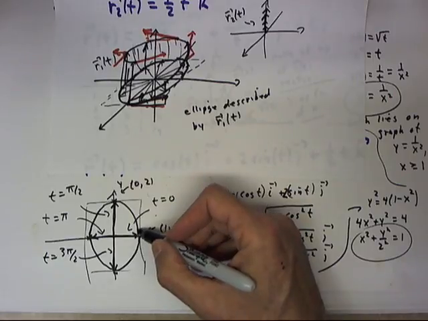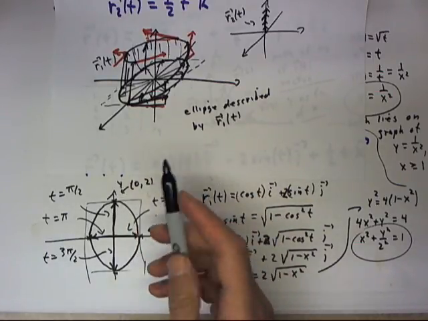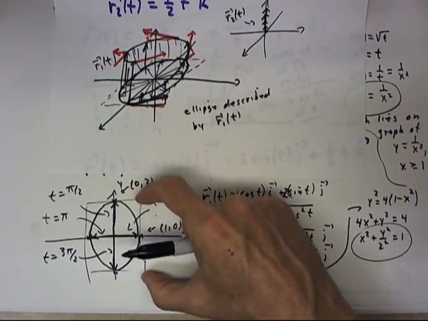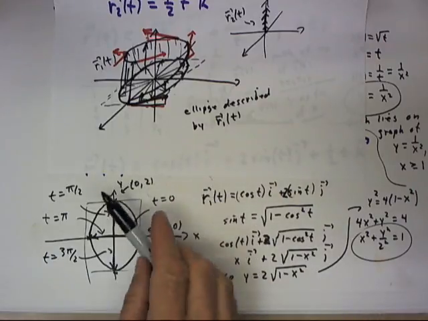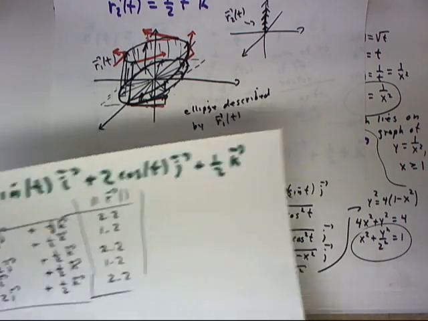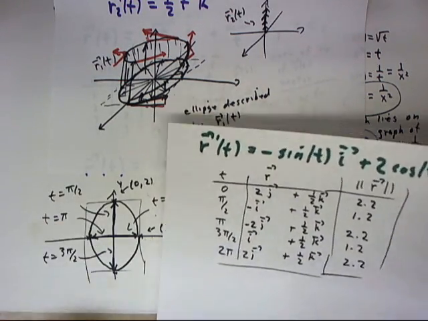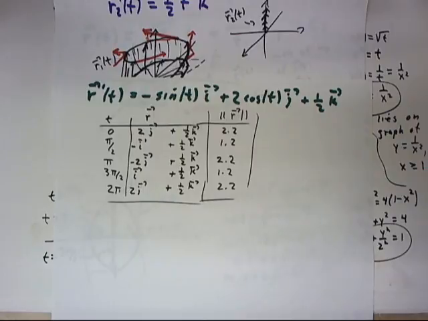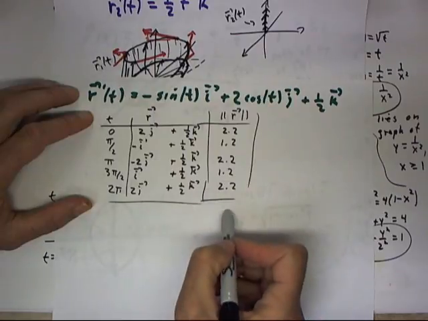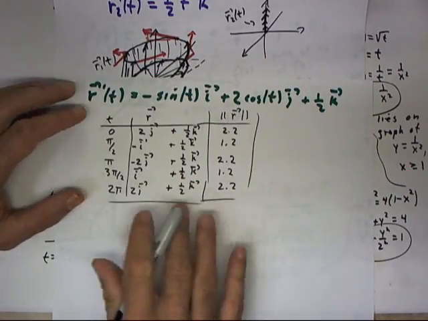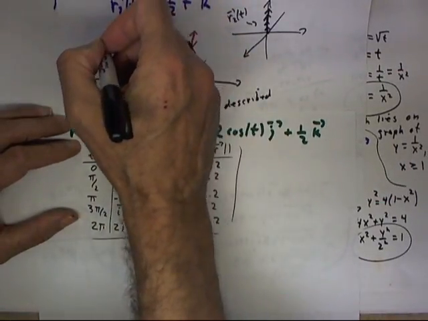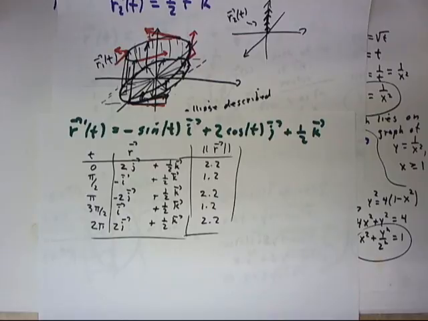We're moving faster when we pass this point than we are when we pass this point, because when we pass this point we're moving in this direction where the distance is greater over a given time period. When we pass this point we're moving in this direction where the distance in a given quarter cycle is somewhat less. So by looking at this function and just evaluating it at a few points, we see that the motion along this ellipse, or this helix, is speeding up, slowing down, speeding up, slowing down as we move around.